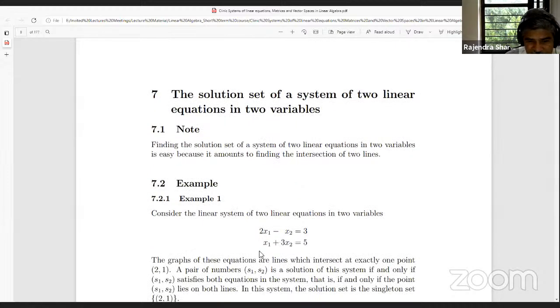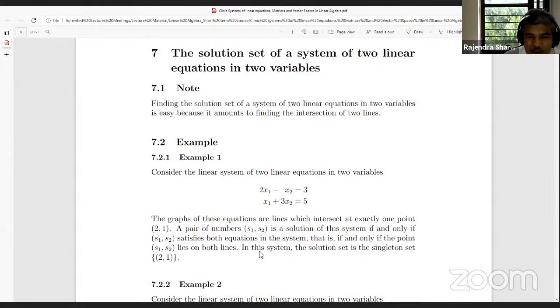One example, let us take 2x1 minus x2 is 3 and x1 plus 3x2 is 5. If you plot these equations as lines, the graph of these two straight lines, they do meet exactly at one point, namely (2, 1).